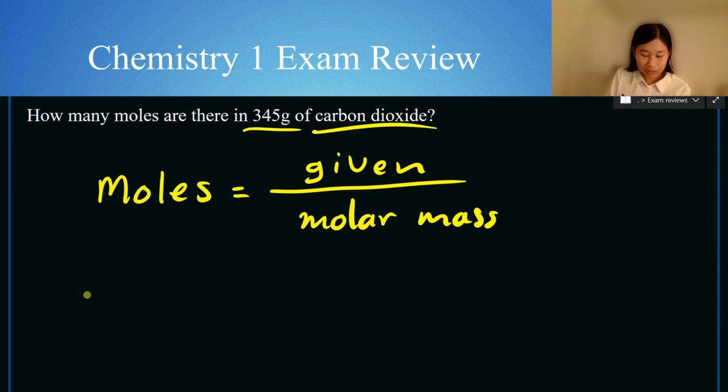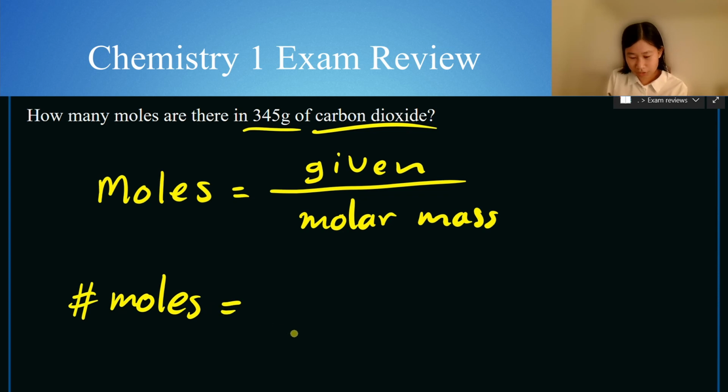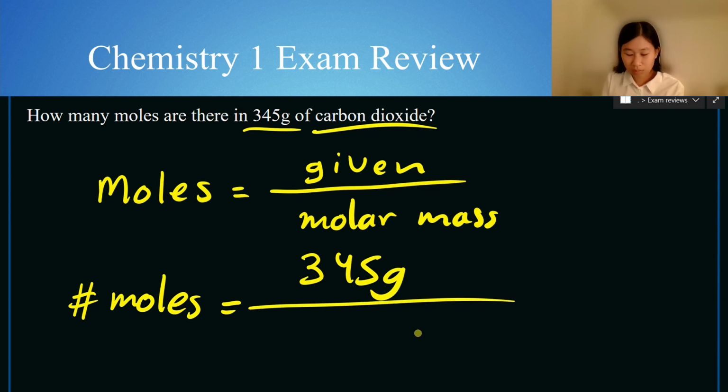Okay, so let's do that. So the number of moles of carbon dioxide that are present is going to be equal to, well, what is the given mass? The given mass is going to be 345 grams. What is the molar mass of carbon dioxide? Well, let's just add that up.